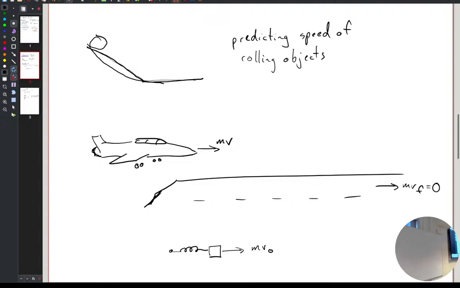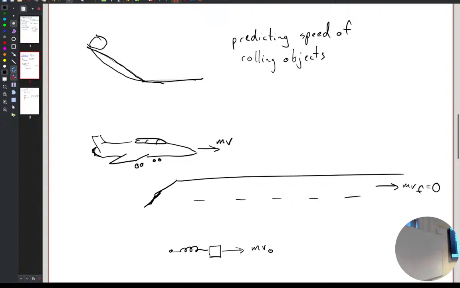Oh, really? Sounds like a two-step process. Momentum, impulse, yeah. Ready, everything looks like you're ready for everything.